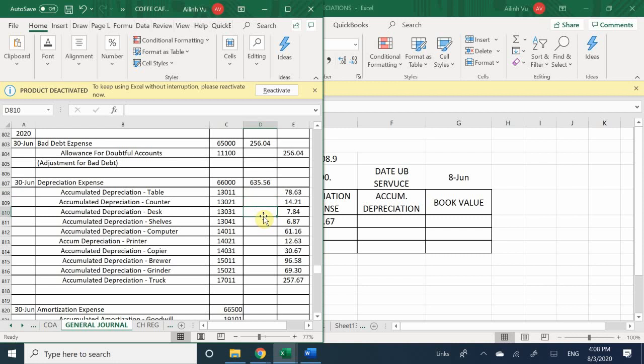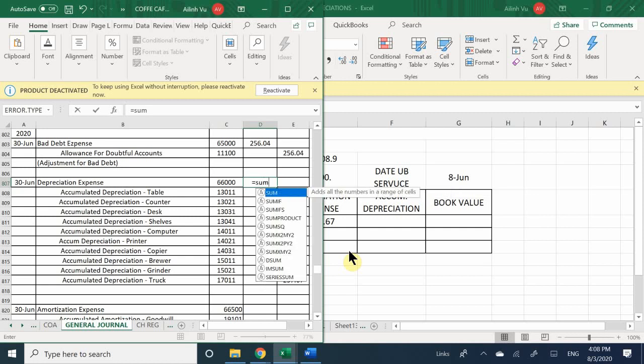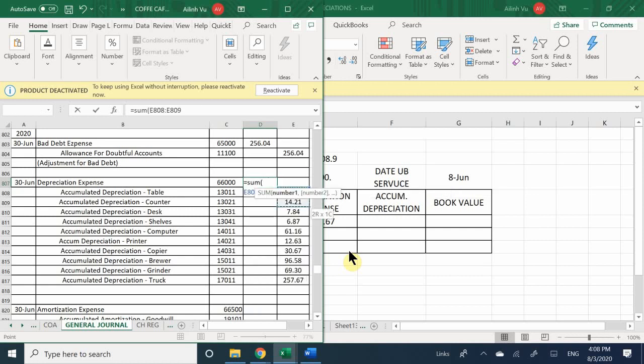Okay, I lost the word truck. Truck 257. Let me double check that. Equals sum is $635.56.